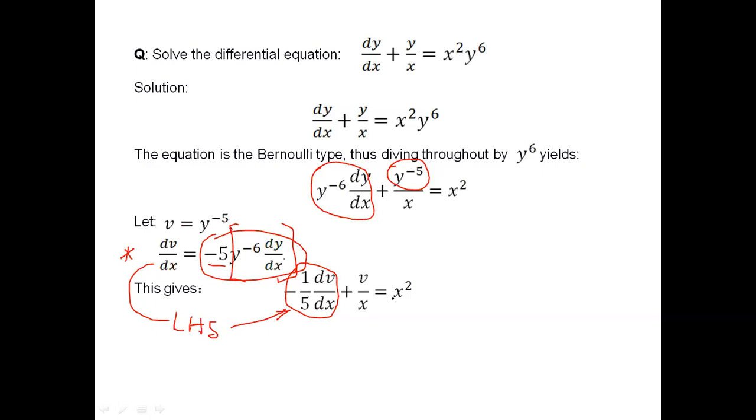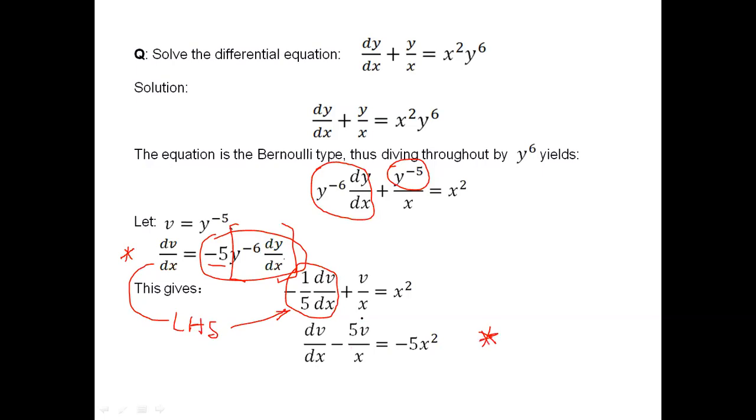So if we put it like this, then we transpose and move the variables, you realize that you have dv over dx minus 5v over x is equal to negative 5x squared. So from this stage, we can apply the process of linear equations.